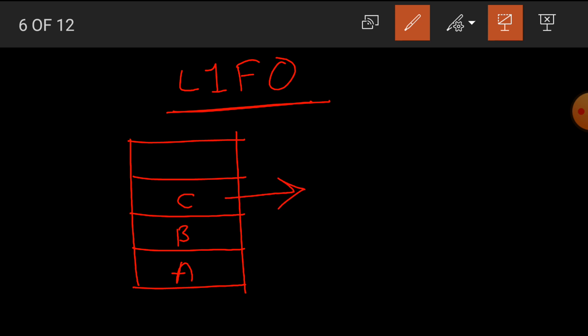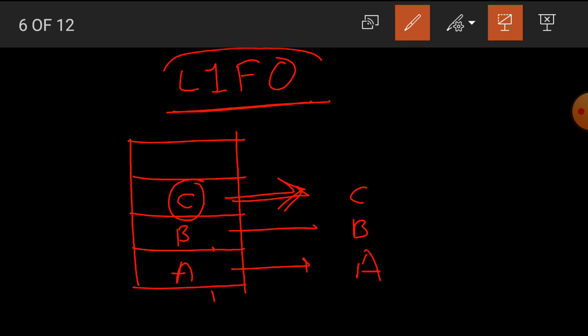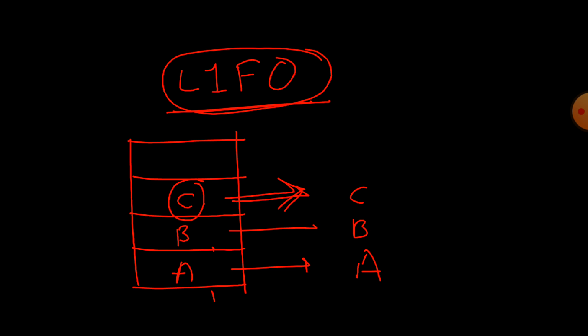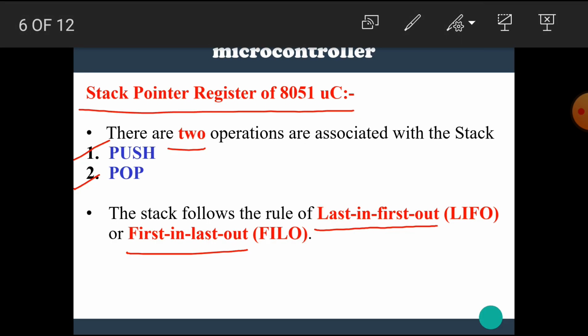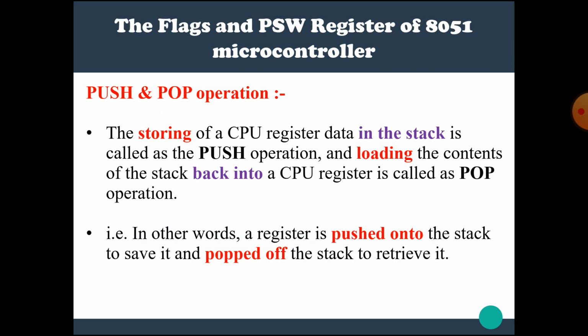That means first A is stored, then B is stored, then at last C is stored. C is the last word stored, and it goes out first. After C goes out, B goes out. After B goes out, A goes out. This is called the last in first out operation. I hope you understand the basic concept of the last in first out operation.